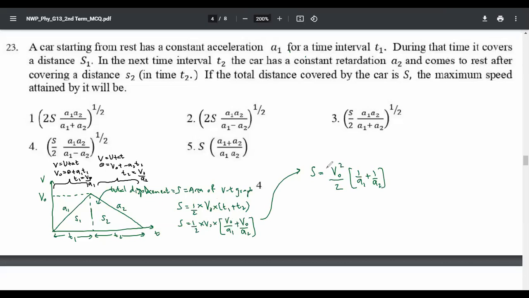There's already another v0, so it becomes v0 squared. Then taking the LCM of a1 and a2, s equals v0 squared over 2 into a1 plus a2 over a1 a2. Finally, v0 squared is equal to 2s a1 a2 divided by a1 plus a2. Therefore, v0 is equal to the square root of 2s a1 a2 divided by a1 plus a2.